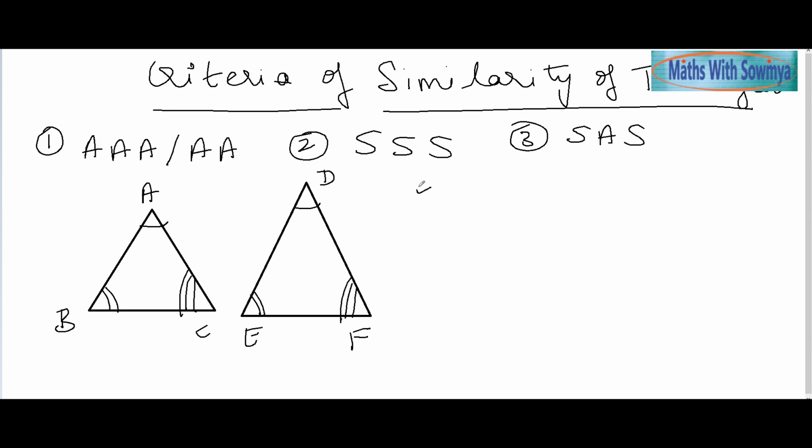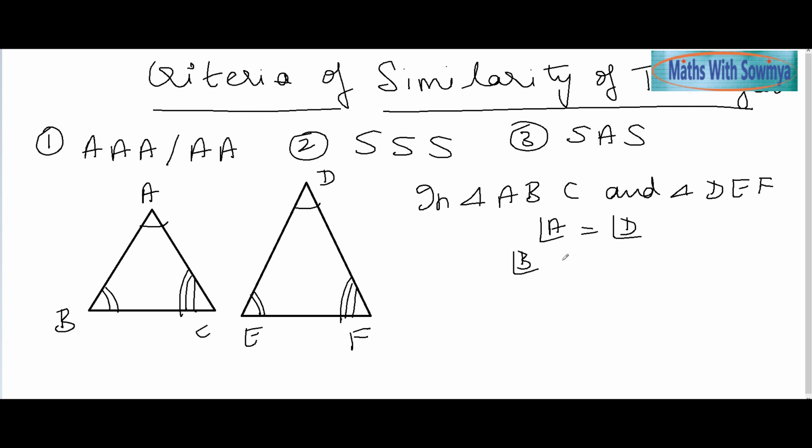So I can say now on proving, you people are already aware of congruency, so this is easy for you. In triangle ABC and triangle DEF, angle A is equal to angle D and angle B is equal to angle E. Therefore, triangle ABC is similar to triangle DEF by AA similarity or AA criteria.